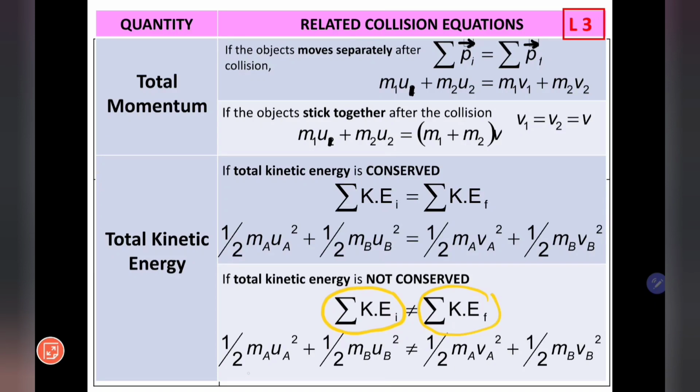Again, we take the kinetic energy of A and B before the collision, total up the values, and it must be different. They are not equal to each other. This is the kinetic energy of A and B after the collision. Remember, the values here should be different, because the kinetic energy is not conserved.